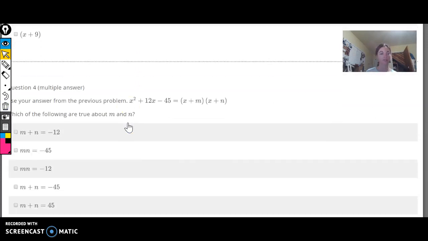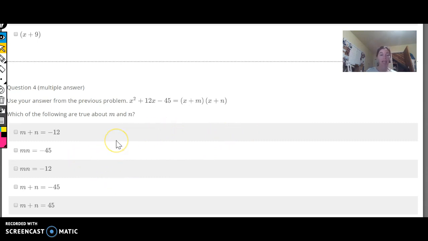Okay, question 4 says, let me move this out of the way. Use your answer from the previous problem, and then which of the following are true about m and n? All right, when I add m and n together, remember, this is how we solved it actually.